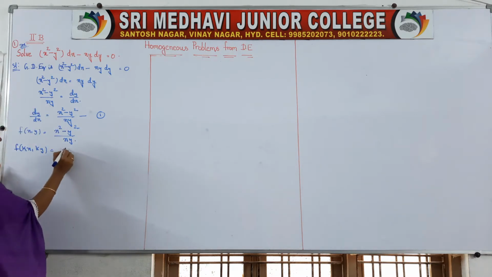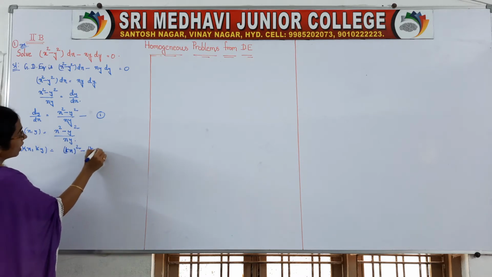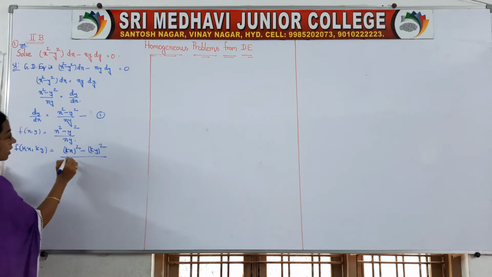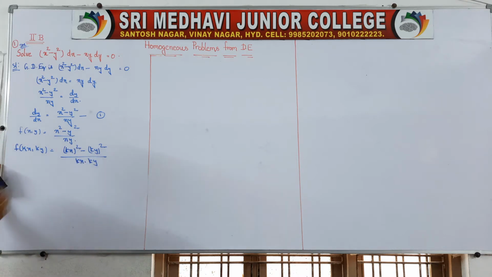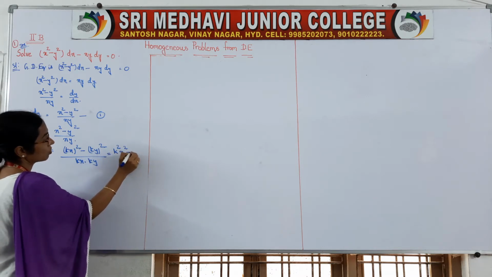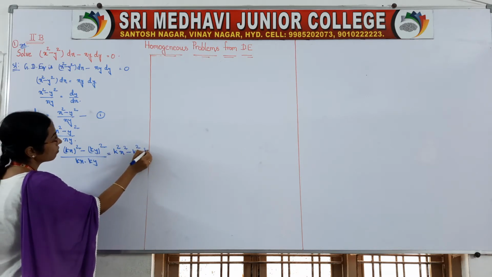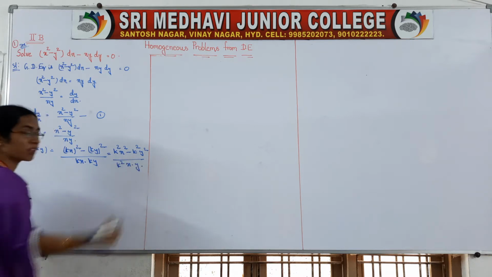So we can write kx whole square minus ky whole square by kx into ky, which is k square x square minus k square y square by k square x into y.